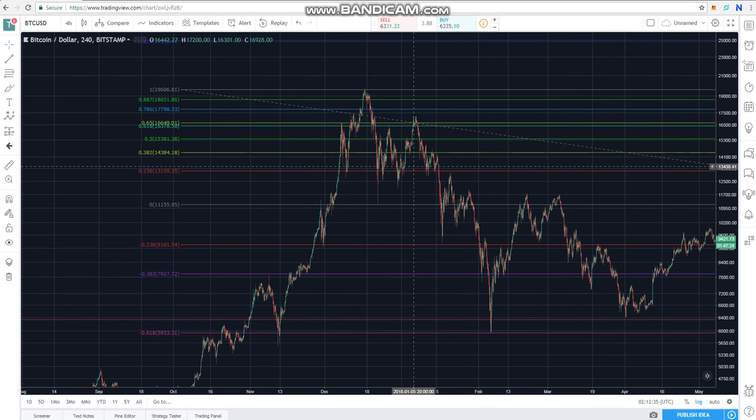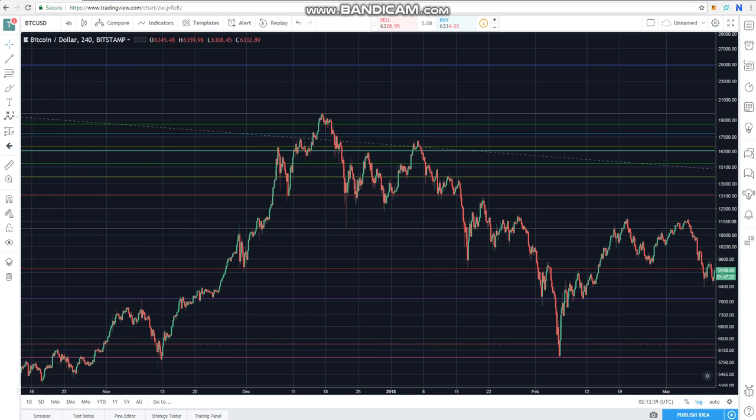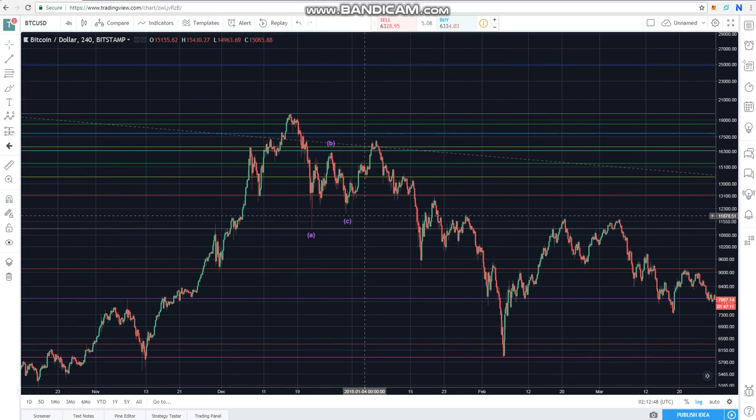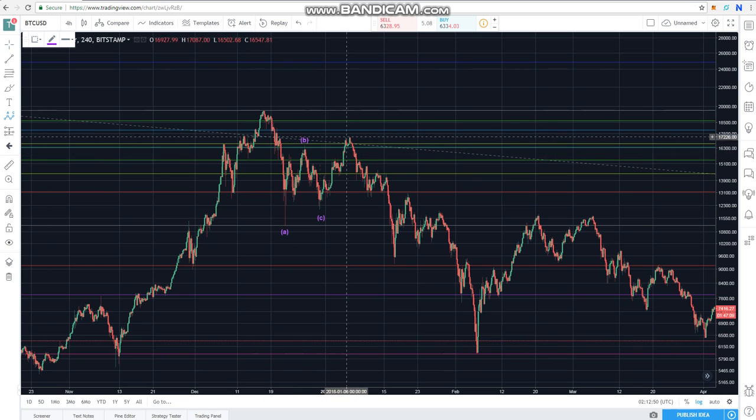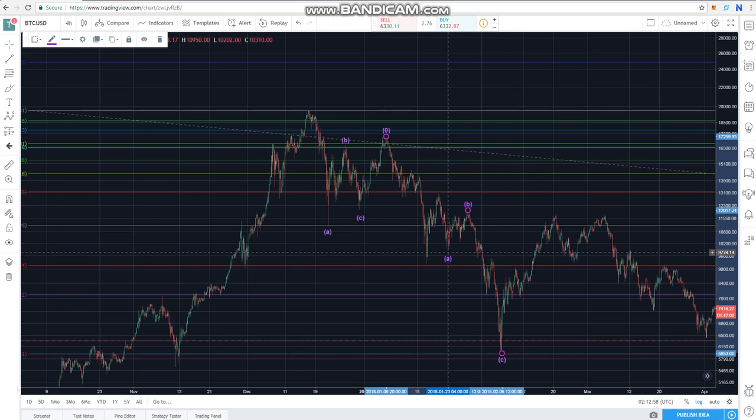And so onto Elliott wave. The way that I would count this is that this would be A, B, C. I won't go through it in detail, I'll just point out the Elliott wave counts. So this will likely be an ABC over here.